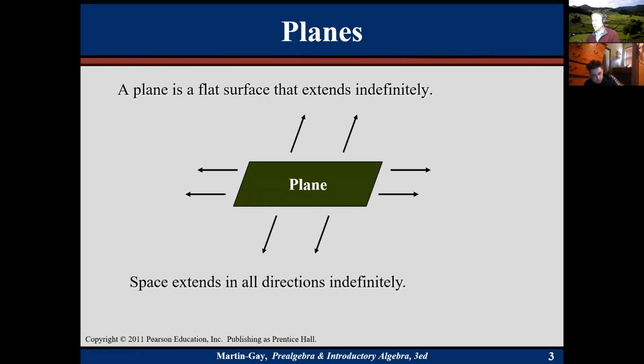We encountered them when we did graphing last week, where we had the Cartesian plane. The Cartesian plane is one example of a plane, and a plane can rotate through 3 dimensions, so you have planes intersecting planes. But a plane is a flat surface.